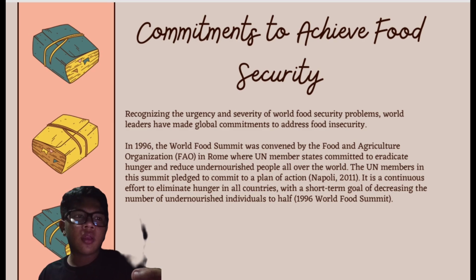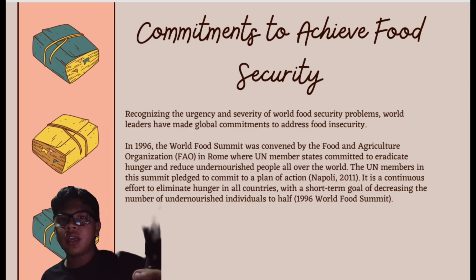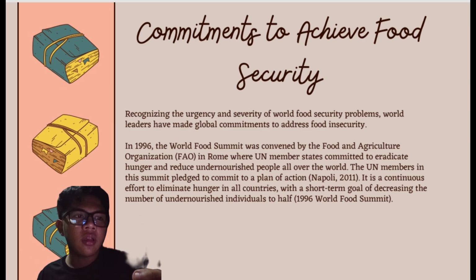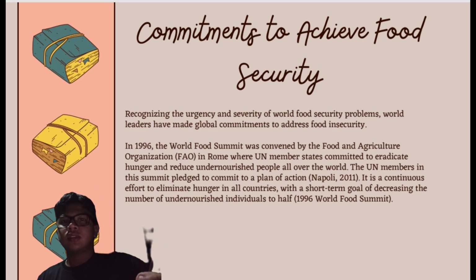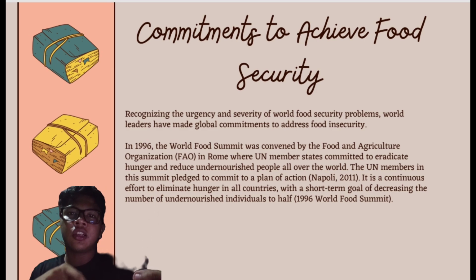So in 1996, an organization was made to eradicate hunger and reduce undernourished people. It is a continuous effort to eliminate hunger in all countries. So it is not focused on a certain country.